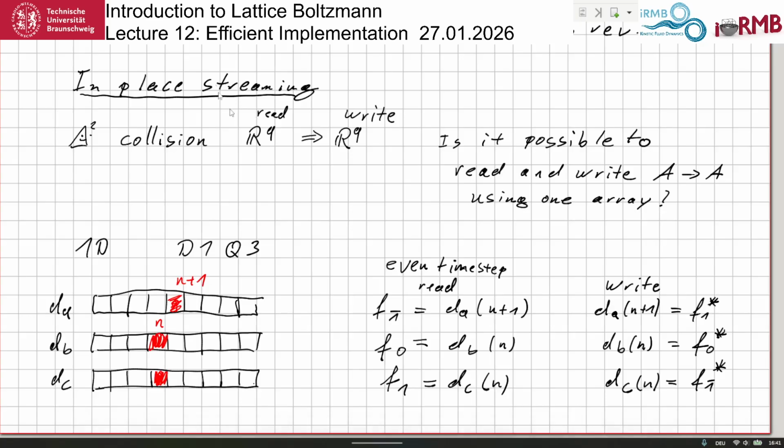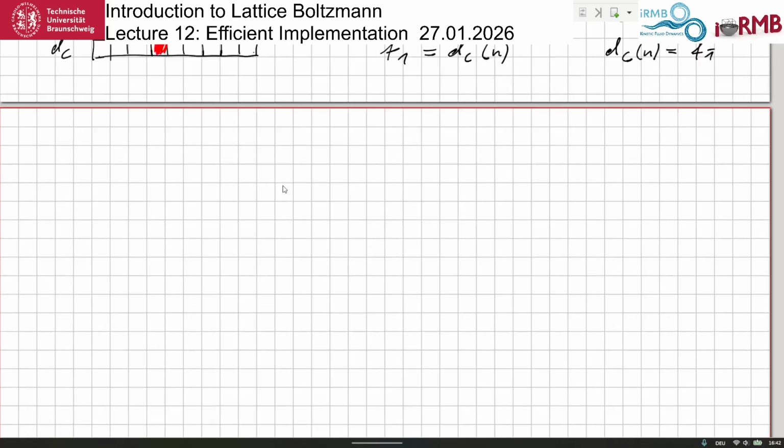So, and then we have to do this the other way in the odd time step. So odd time step, here we have the read. Now we have a different interpretation than we had before. So we read f minus 1, now not from where we had before.